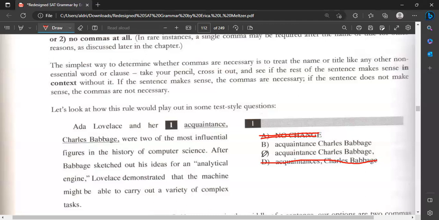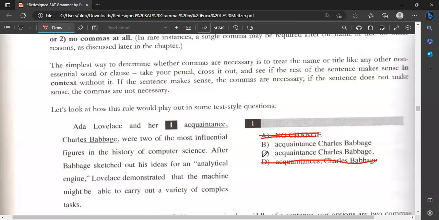So the thing with C is, if you say "Ada Lovelace and her acquaintance, Charles Babbage," that means Charles Babbage was her only acquaintance.